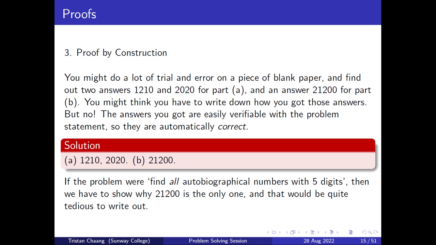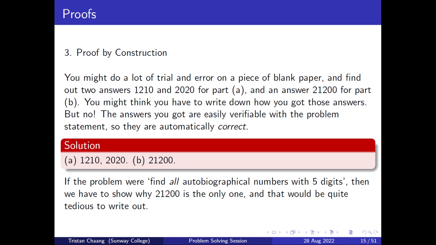You just check 1210: 1 zero correct, 2 ones correct, 1 two correct, 0 threes correct. So it's verifiable, it's an autobiographical number, right? And if it's verifiable, you don't have to say how you got it, because it's true.